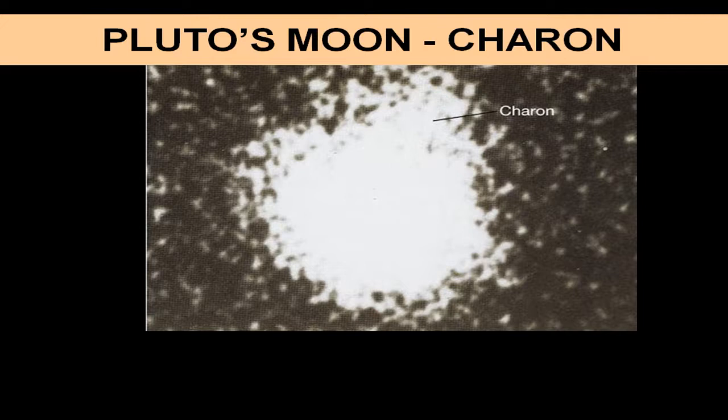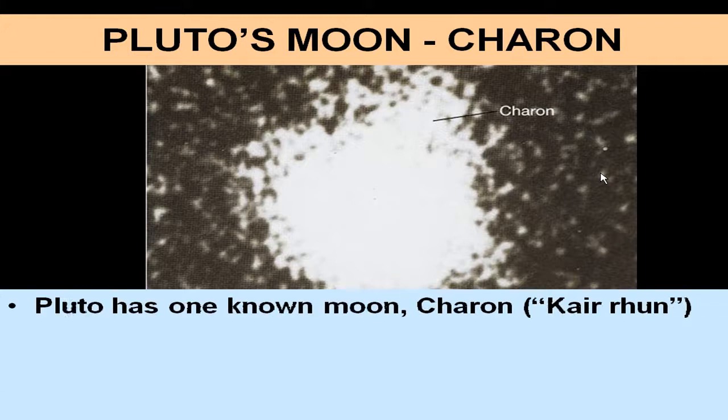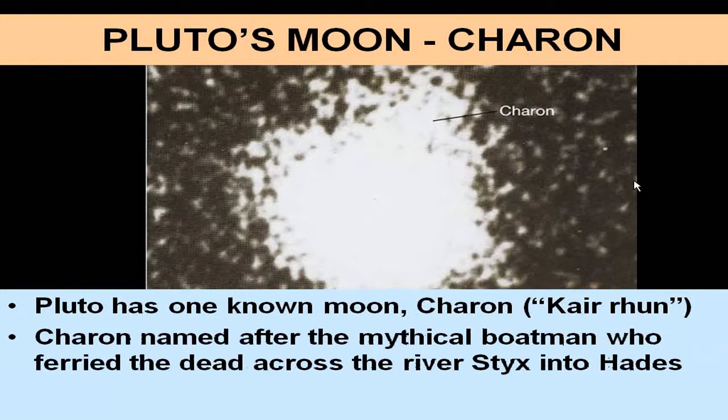Pluto has a major moon, Charon. Here's a picture taken by the Naval Observatory in 1977. Charon is named after the mythical boatman who ferried the dead across the river Styx in Hades, so it is a helper to the god Pluto.